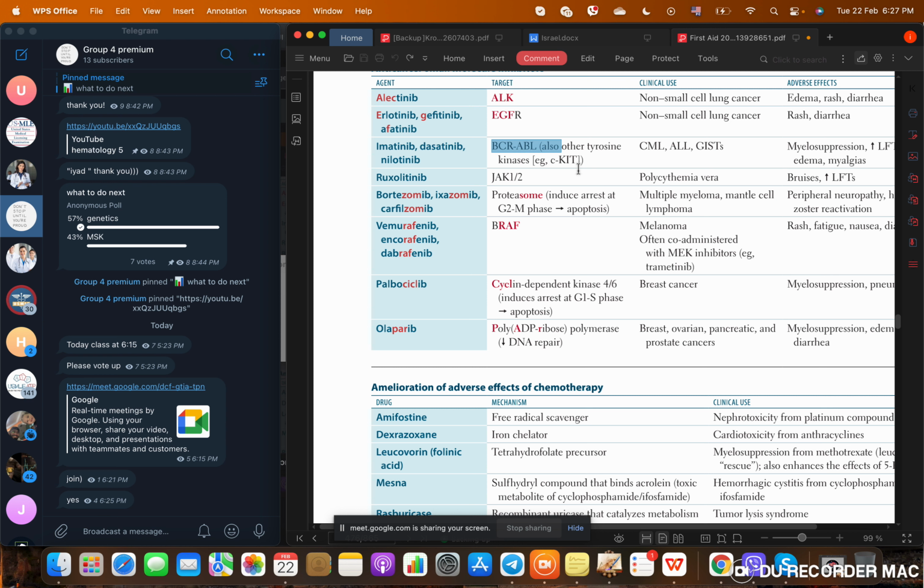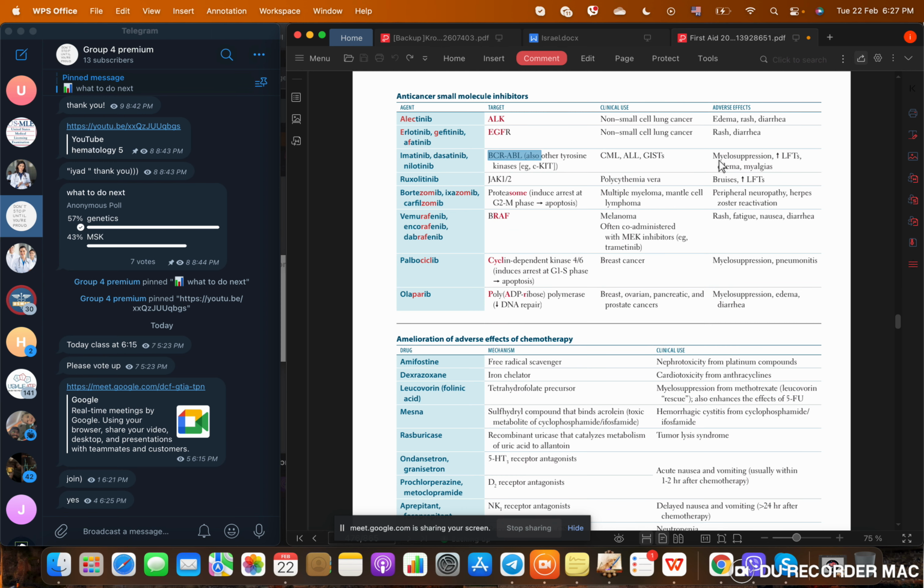The BCR-ABL was created because of formation of a Philadelphia chromosome, which was due to the 9;22 translocation. So we can utilize imatinib to decrease the tyrosine kinase activity, which basically leads to proliferation, and it can be used against CML, ALL, and GI stromal tumors.